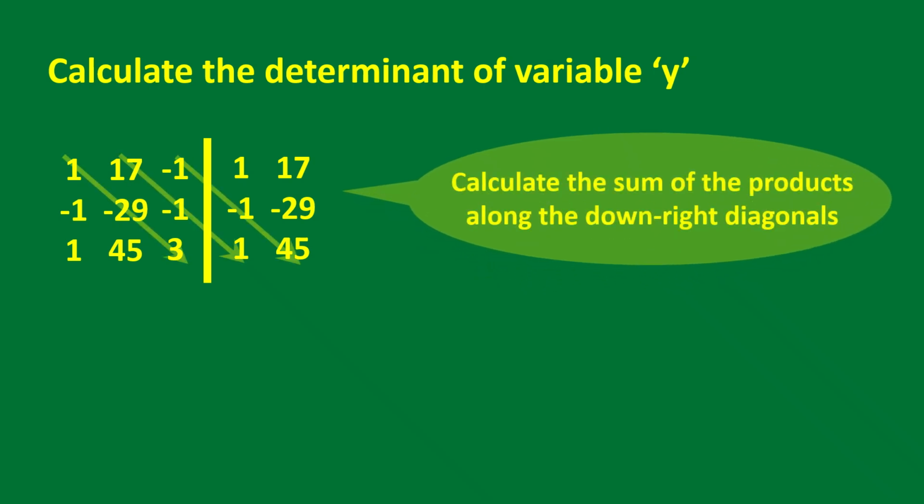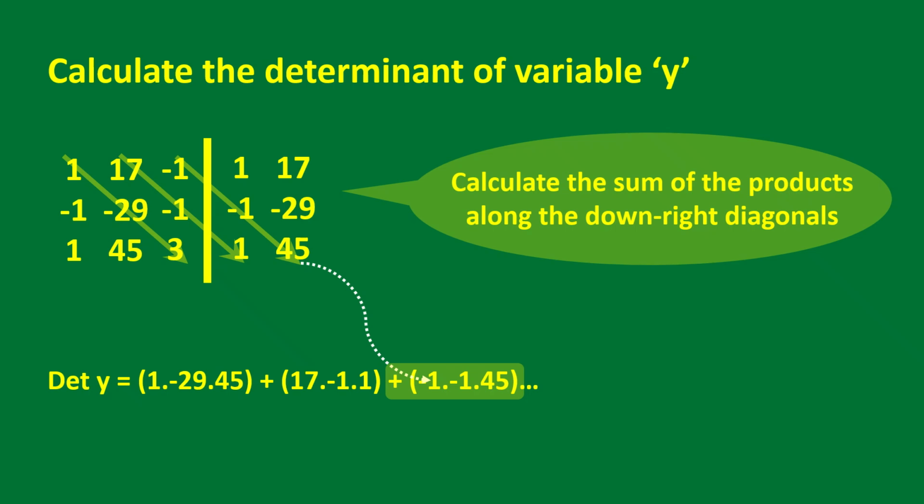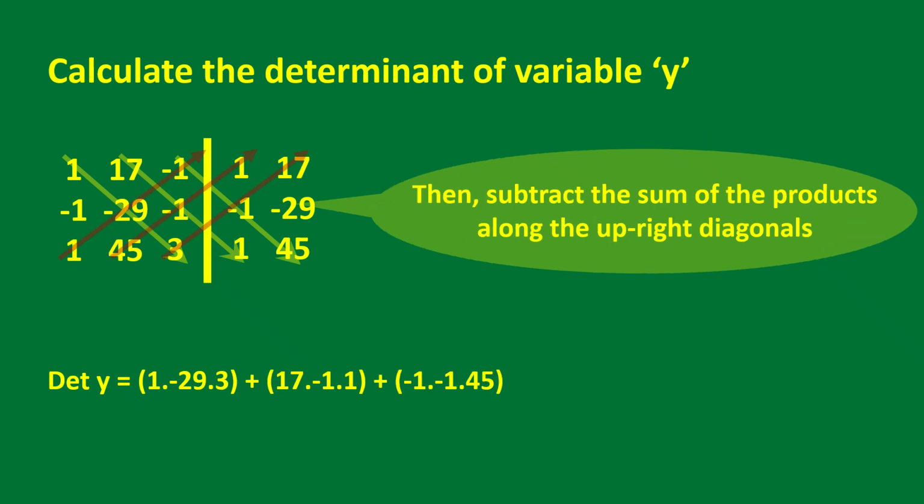So first, we calculate the sum of the products along the downright diagonals as represented by the yellow arrows. And here are the numbers. Then we need to subtract the sum of the products along the upright diagonals as represented by the red arrows.